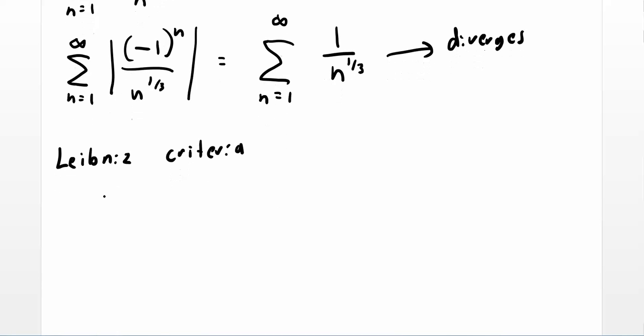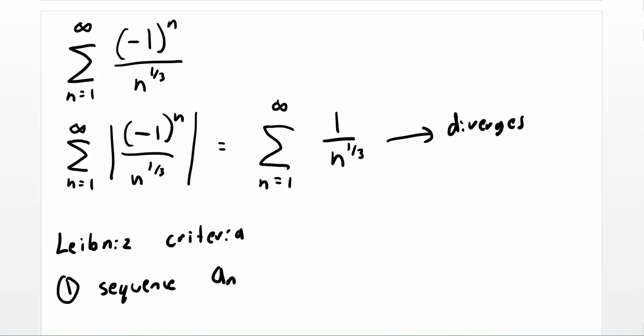So 3 things we have to show. The sequence an, and the an is basically everything that's not alternating.